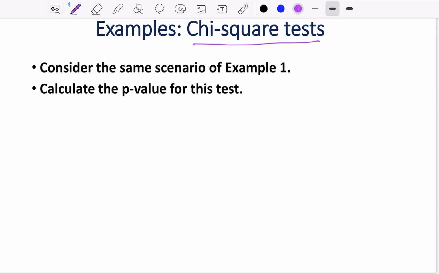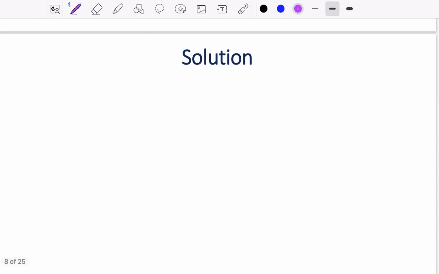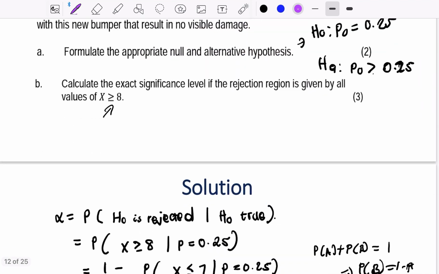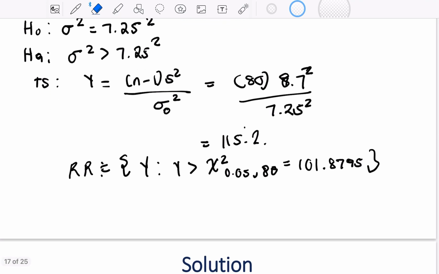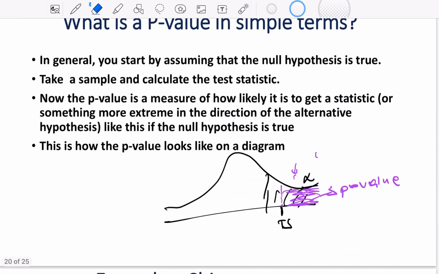Okay? Remember in example 2, we calculated this test statistic. Let me just remind you. Let's go back up. Right? So we calculated the test statistic to be 115.2. Okay?